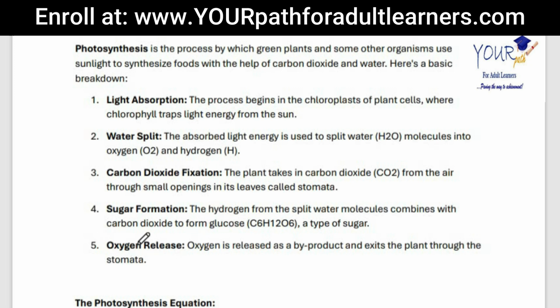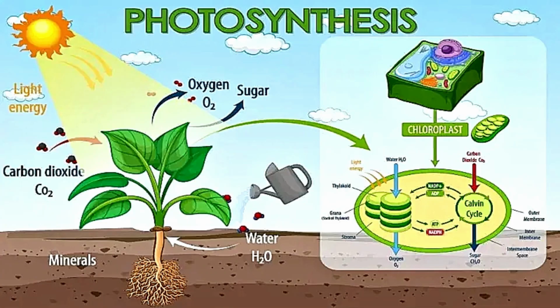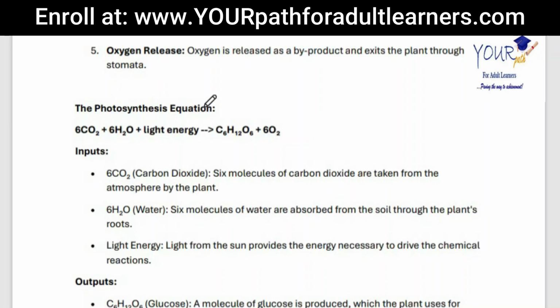Step 6 is oxygen release. Oxygen is released as a byproduct and exits the plant through the stomata. The photosynthesis equation is 6 molecules of carbon dioxide, which is CO2, plus 6 molecules of H2O, which is water, plus light energy.